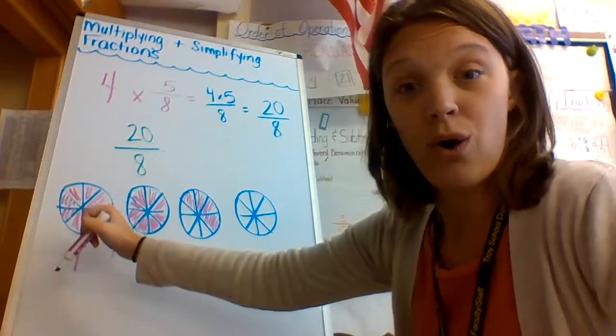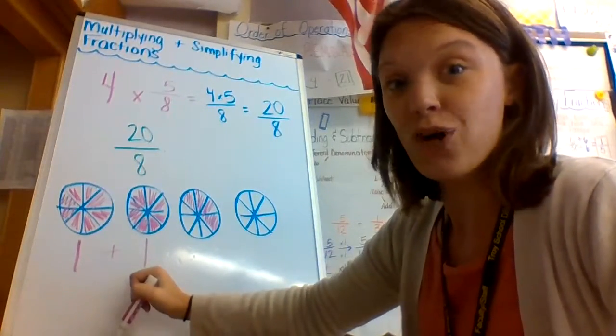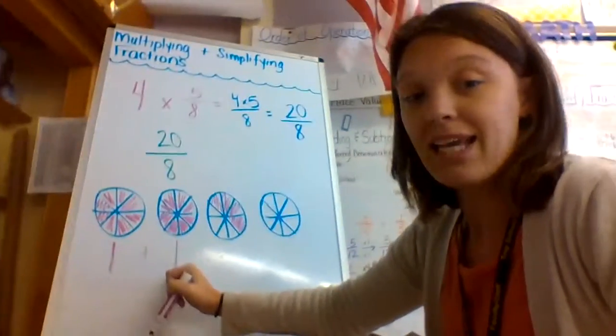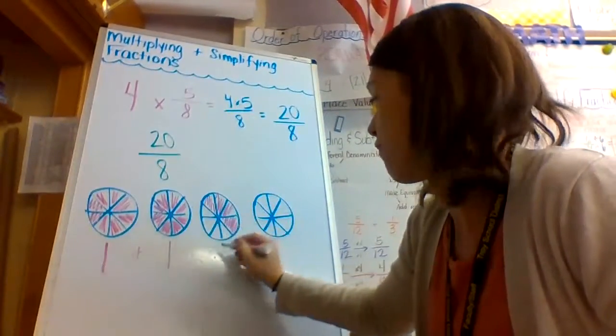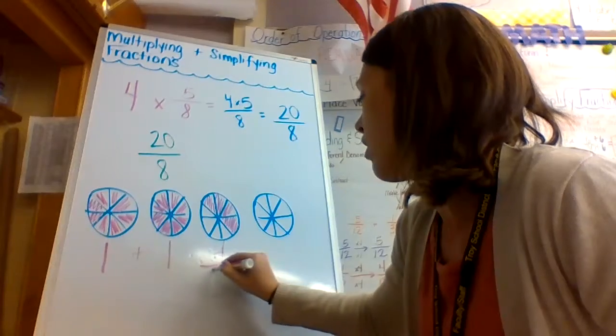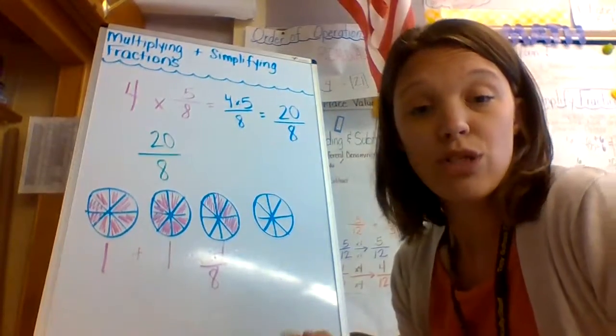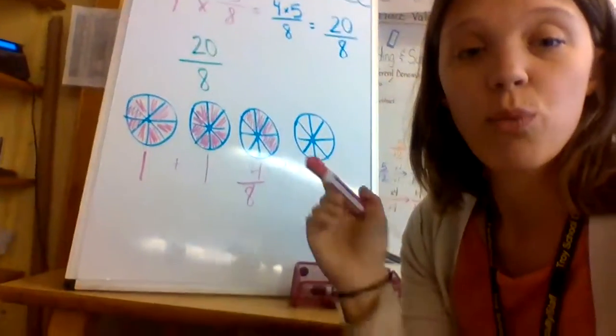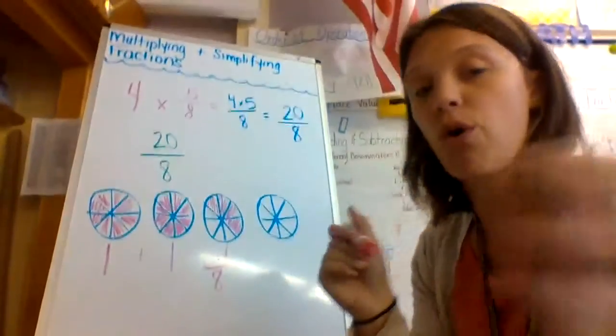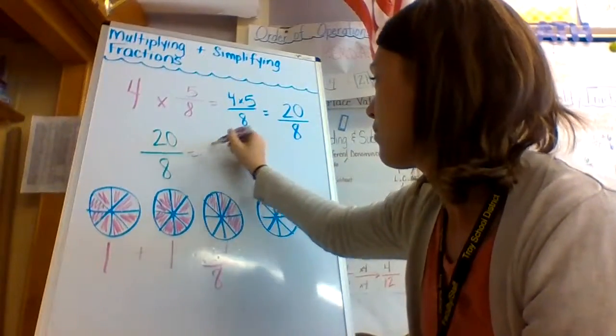So I had one whole pizza, another whole pizza, and then I had 1, 2, 3, 4/8 of a pizza. So in total, I had 2 wholes and 4/8.